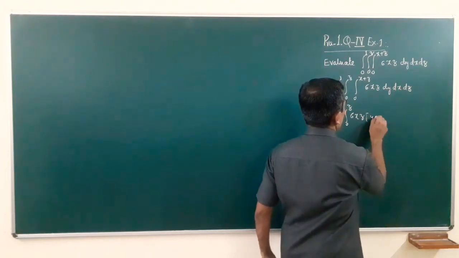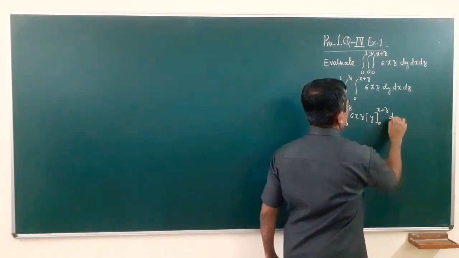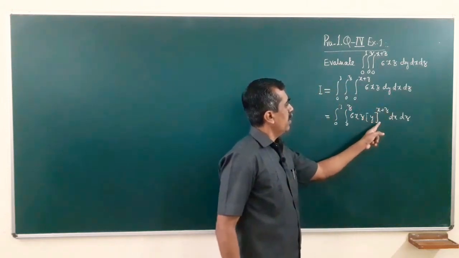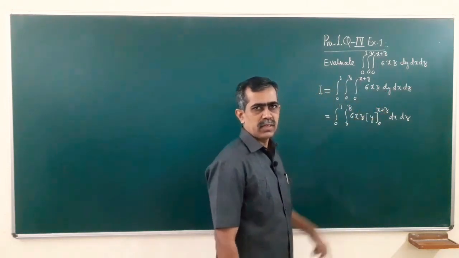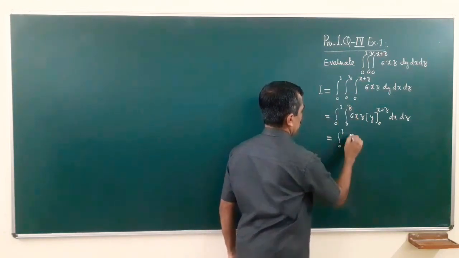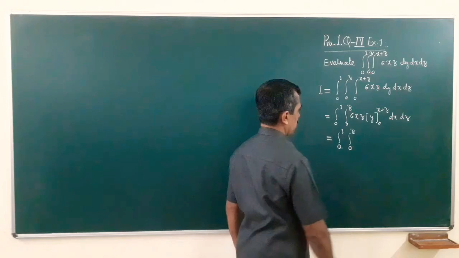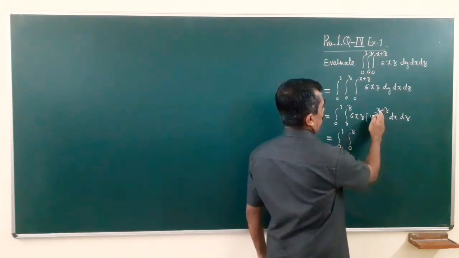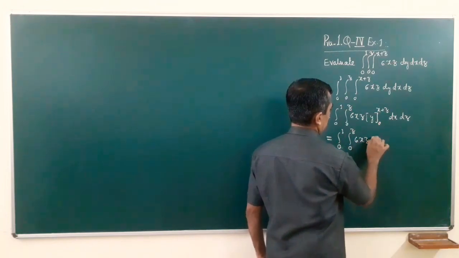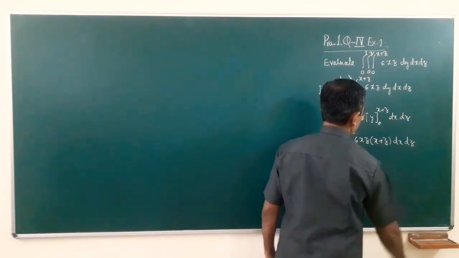The integral of dy will be y, and the limits are over 0 to x plus z. Now this will be upper limit minus lower limit. The lower limit is 0, so this is 6xz into x plus z dx dz.